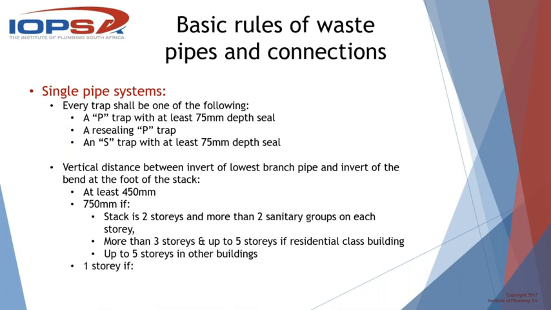But then it must be at least 1 story high from the base of the stack to the center line or the invert level of the lowest discharge pipe if the stack is more than 5 stories high. So if it's more than 5 stories high, you should not ever join any waste pipe or any kind of discharge pipe to the first floor of that stack.